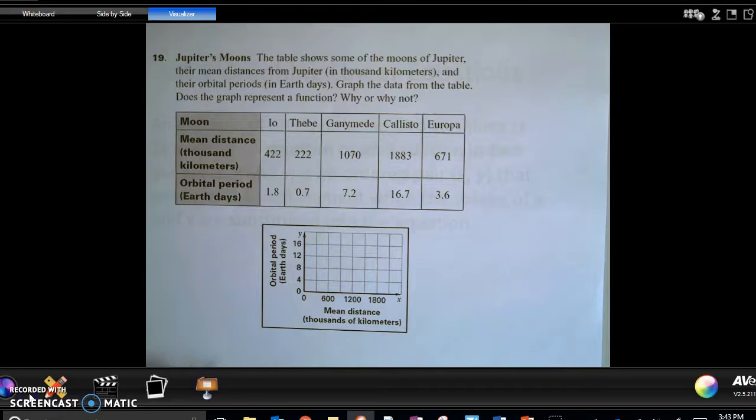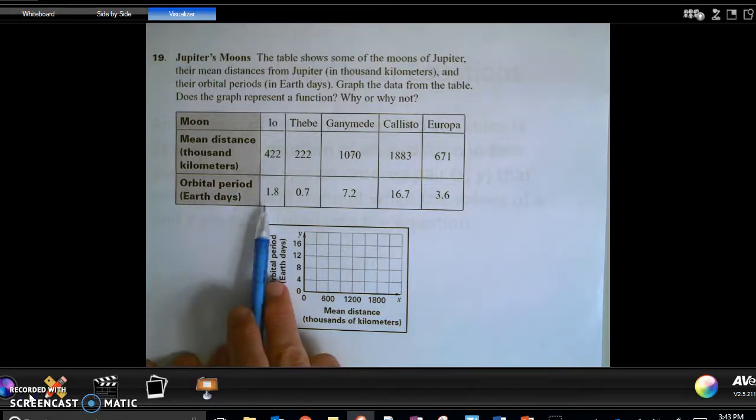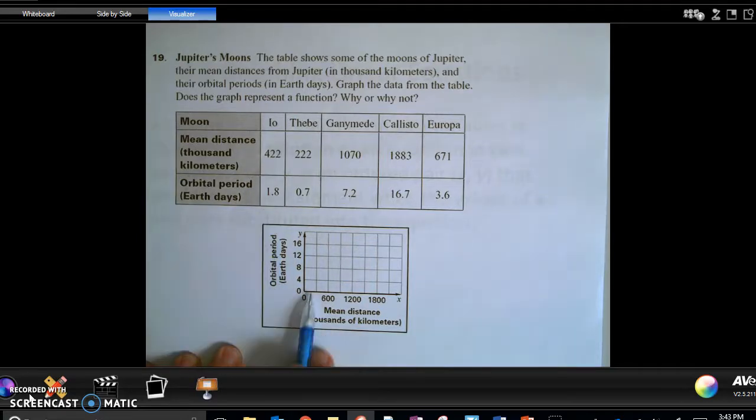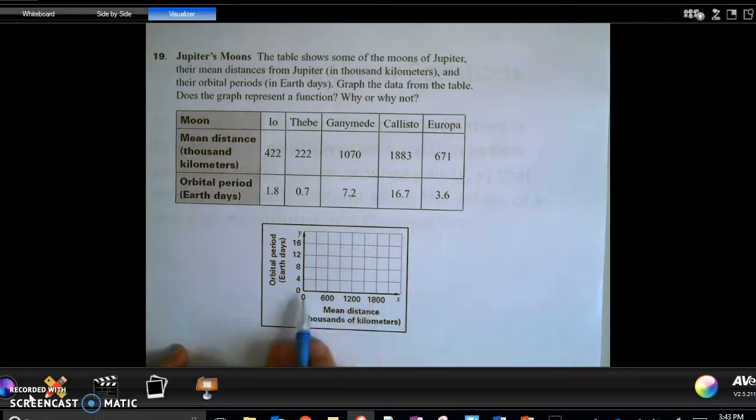Let's put our first ordered pair here. So we're looking at the first moon. We have the mean distance and the orbital period. And in my graph, I have mean distance listed on the x-axis and the orbital period on the y-axis. So to plot this first point, I'm going to go over 422 and up 1.8. I notice that my scale here is 300.